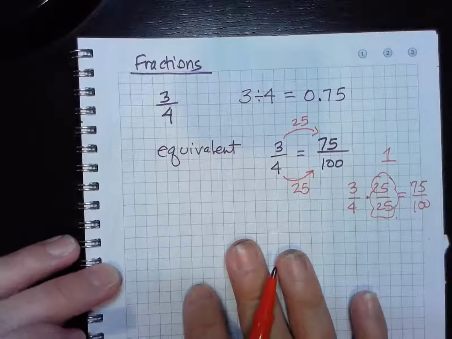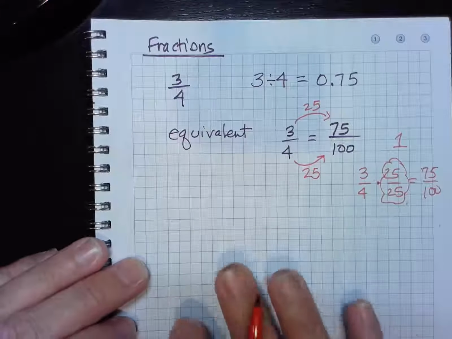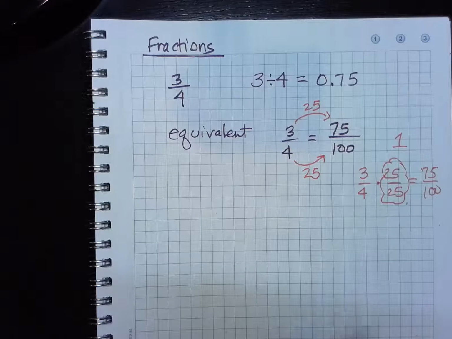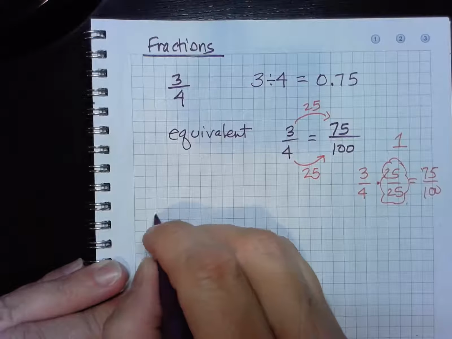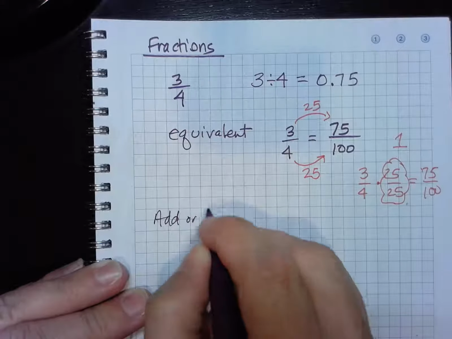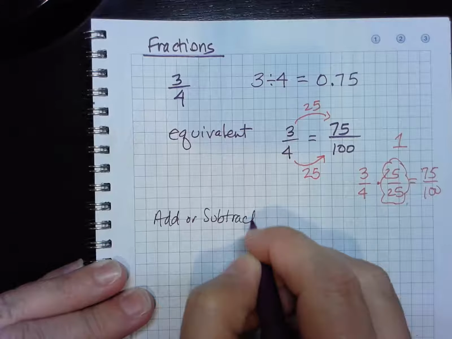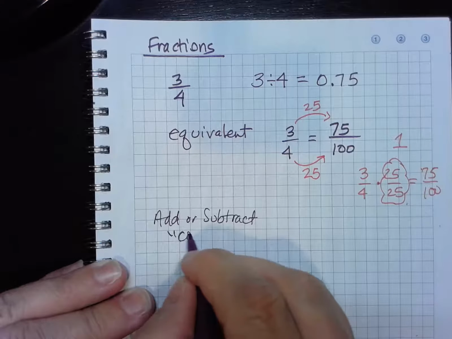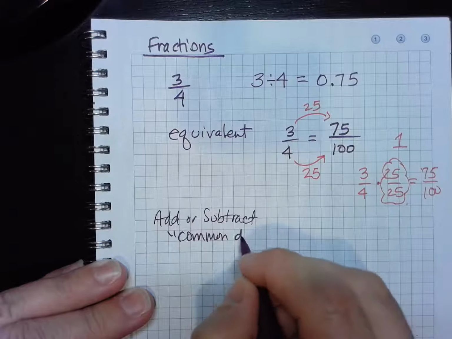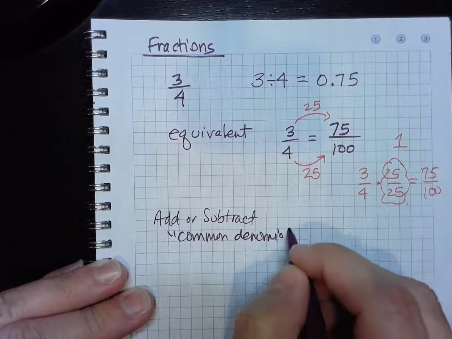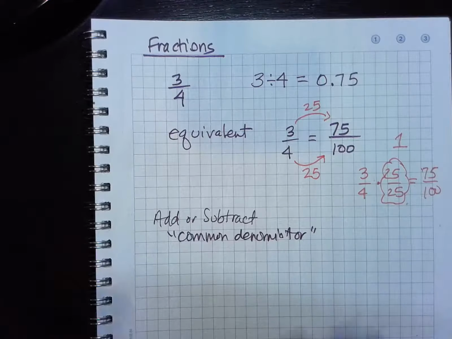Now, you're going to have to use equivalent fractions to add fractions and subtract fractions. If you want to add or subtract fractions, you have to have a common denominator, because you have to have the same size pieces.